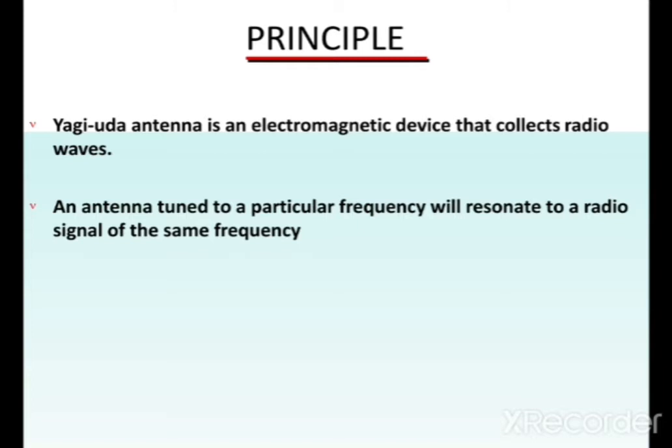Generally it is 5% more than the driven element. What is the size of the driven element? The driven element is generally a half-wave dipole antenna, meaning a lambda by 2 antenna. Therefore here it is about 0.55 or 0.54 or 0.56 lambda. That is the reflector length usually.